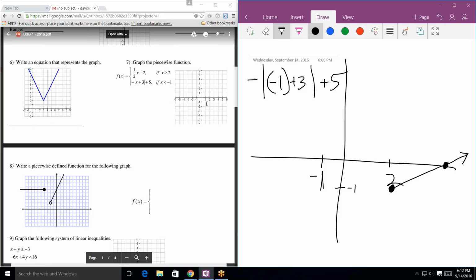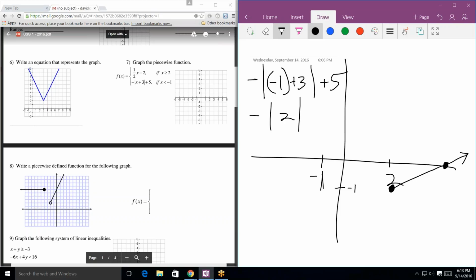Would it be 2x plus 5? No, I don't have an x anymore. In other words, I'm looking for a point, and I've plugged in minus 1 for x. So what's the answer to what I've written right there? Would it be 2 comma 5? Well, it's the negative minus 1 plus 3 is 2.